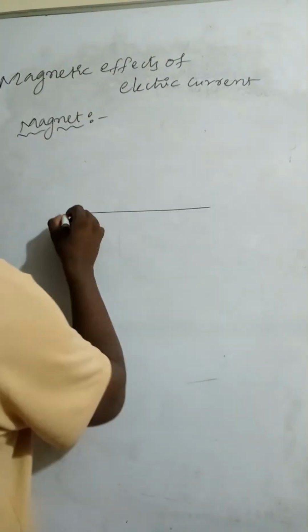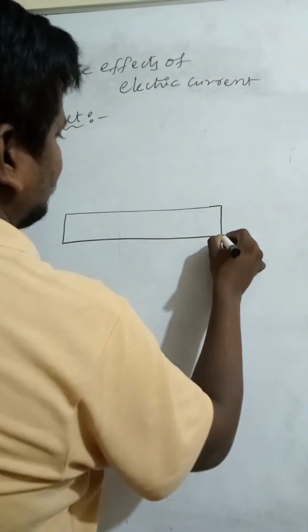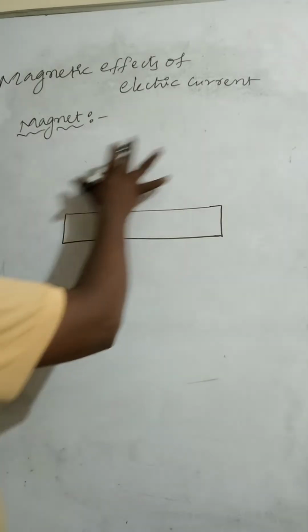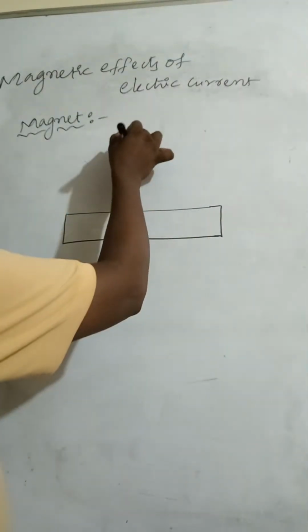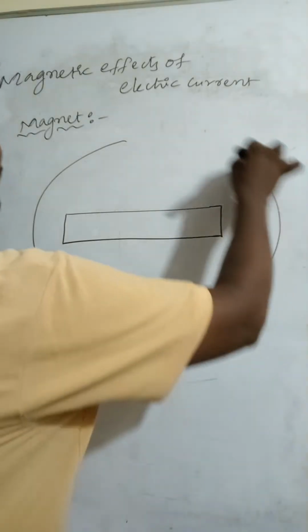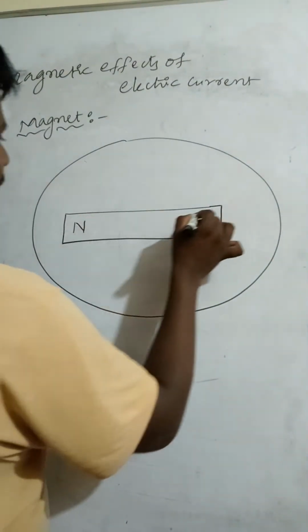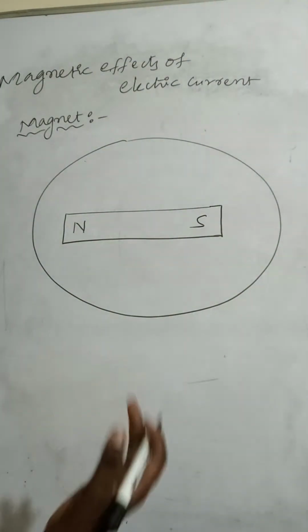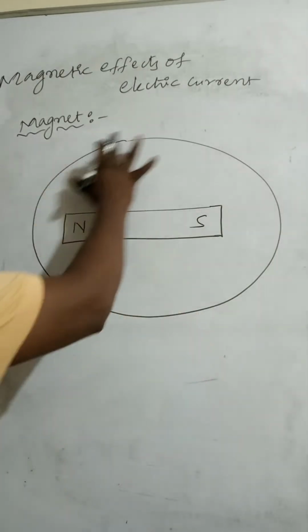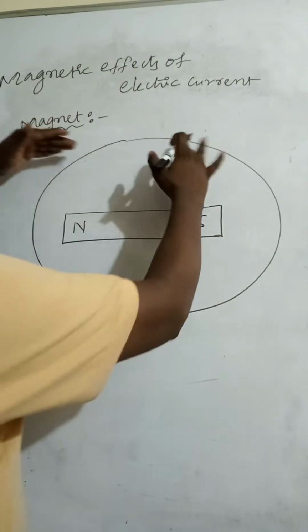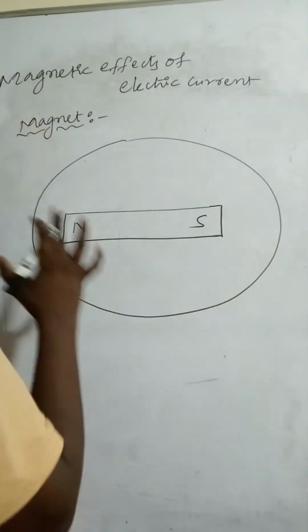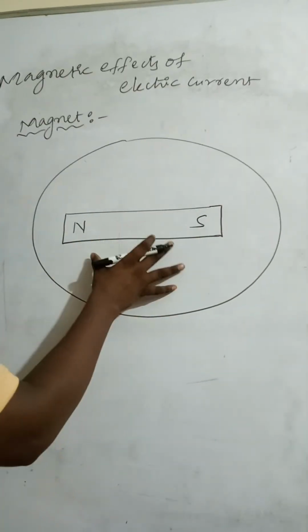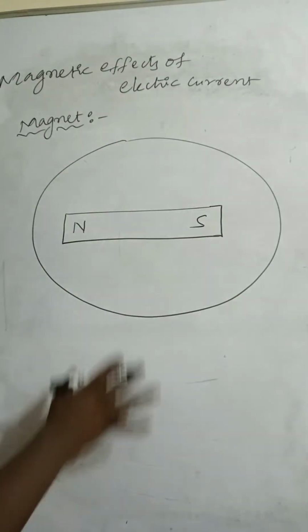The magnet will attract or influence magnetic material only up to a certain range.